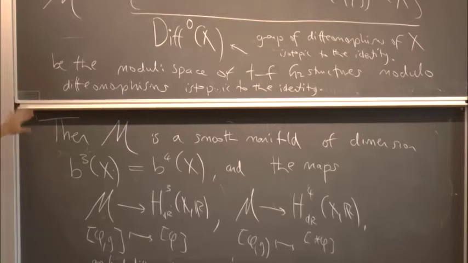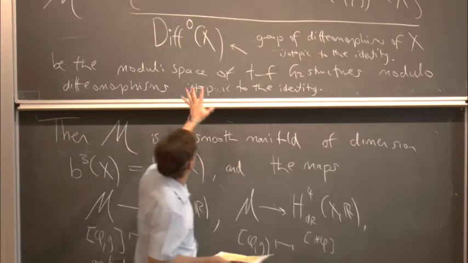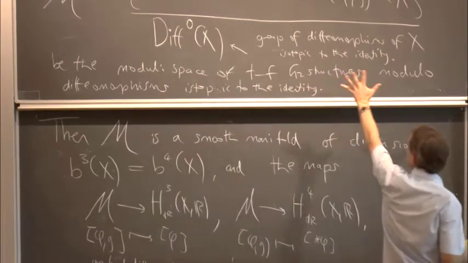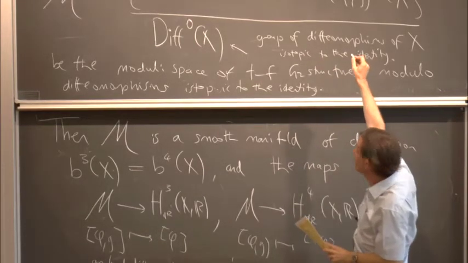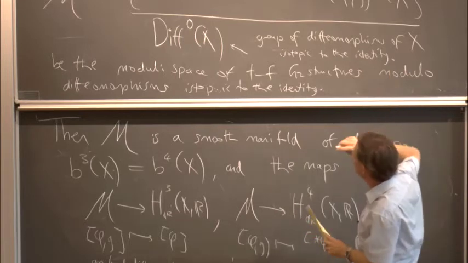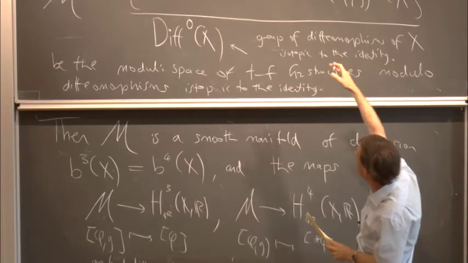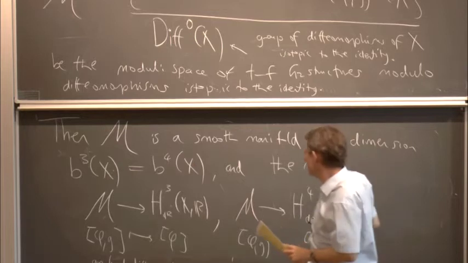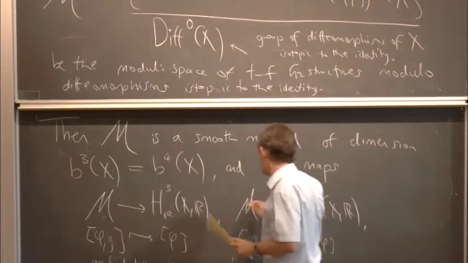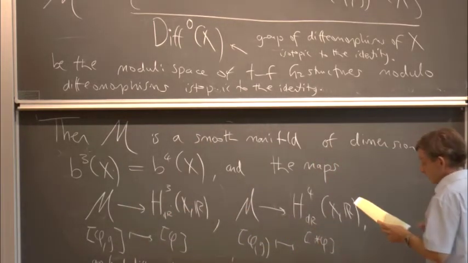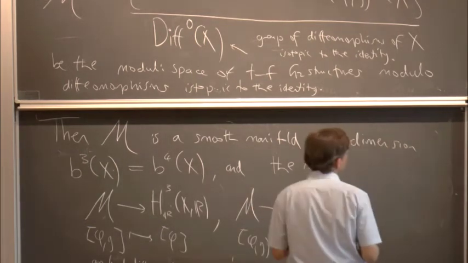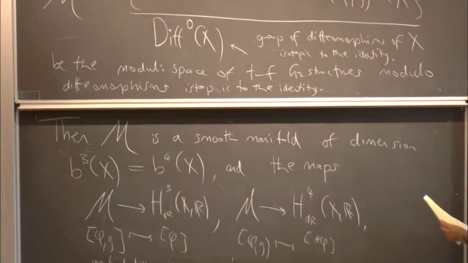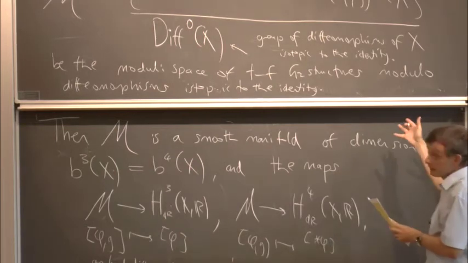So it's a similar kind of moduli problem and uses similar kinds of techniques, but in this case it turns out that if you fix the cohomology class of phi, or if you fix the cohomology class of star phi, there's a locally unique torsion-free G2 structure, and therefore these maps from M into H3 or M into H4 are local diffeomorphisms. Okay, so the important conclusion from this is that G2 manifolds come in finite dimensional families.